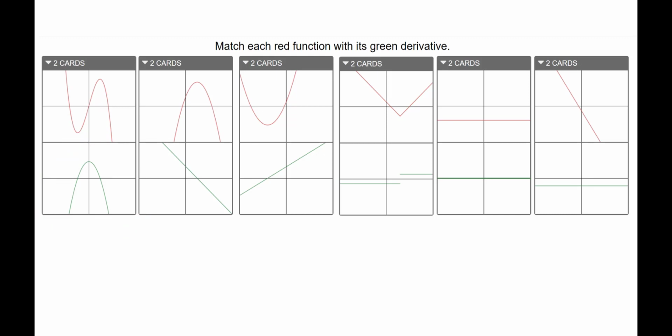Moving a little quicker now through the next few, I can see this red parabola has a 0 corresponding to that horizontal tangent line, increasing before, decreasing afterwards, positive and then negative, matches up with that line right there. Similarly, for this parabola, I have a tangent line here with a slope of 0, so I should have a 0 somewhere to the left of the y-axis like we do in this line, decreasing and then increasing, so negative and then positive.